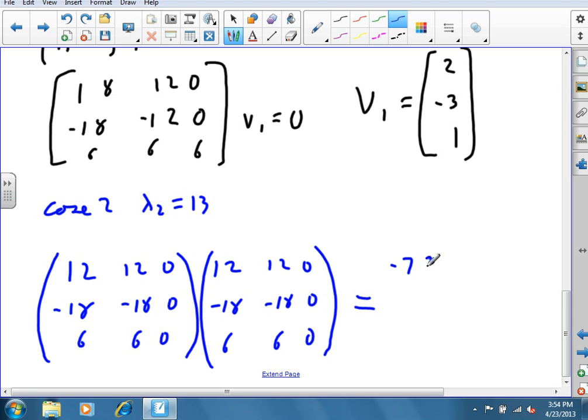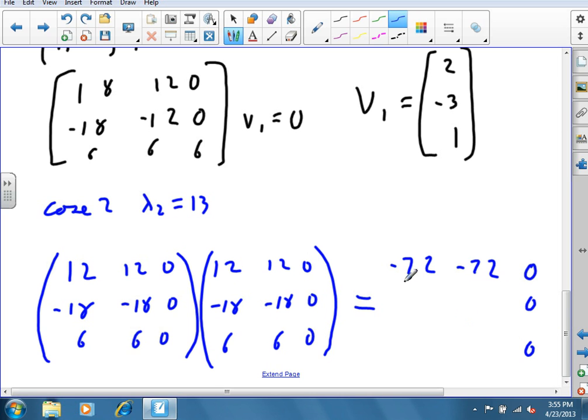Minus 72. That row, this column. That row, this column, minus 72. That row, this column, 0, 0, 0.